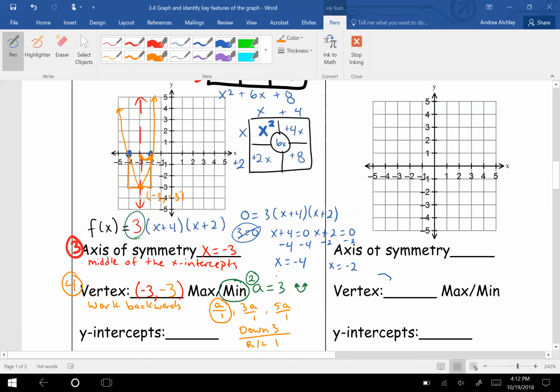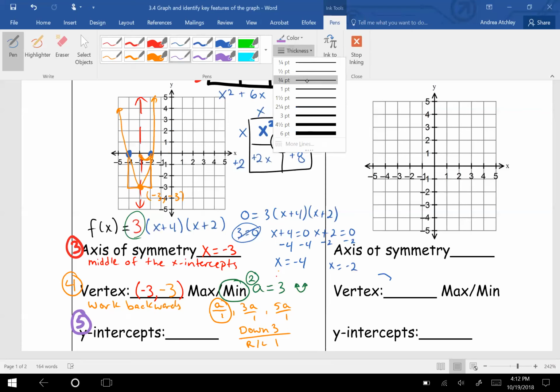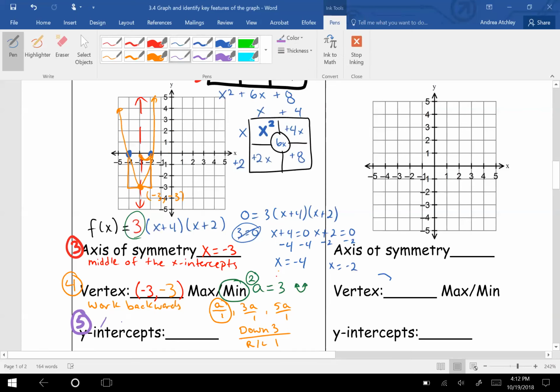Okay. The y-intercept I can't see on the graph, and it's actually going to go quite a bit off. So I have to plug in. So that's my next one, the fifth step. And I have to plug in x equals 0. So I'm going to plug in 0 for x into my equation.